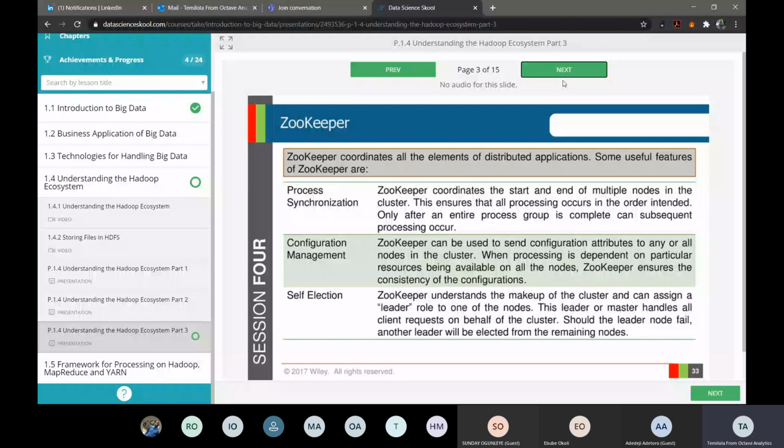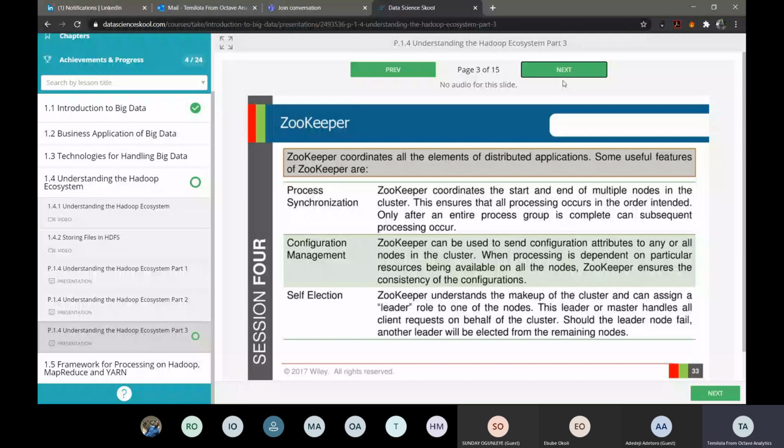So what does Zookeeper do? Zookeeper coordinates all the elements of the distributed applications. So we thought the major administrator was YARN, which is the software layer. Now we also have Zookeeper for more advanced operations, meaning places where your YARN will not be able to perform well, Zookeeper comes in for it.